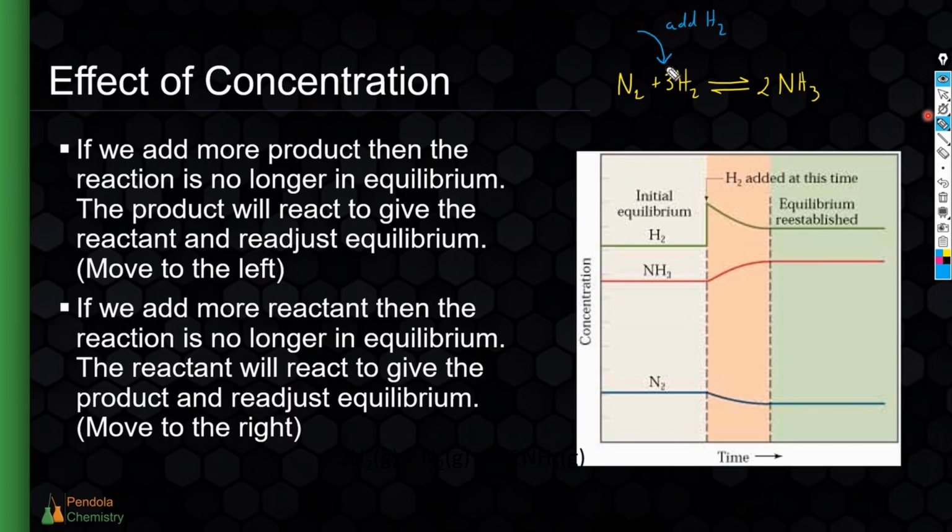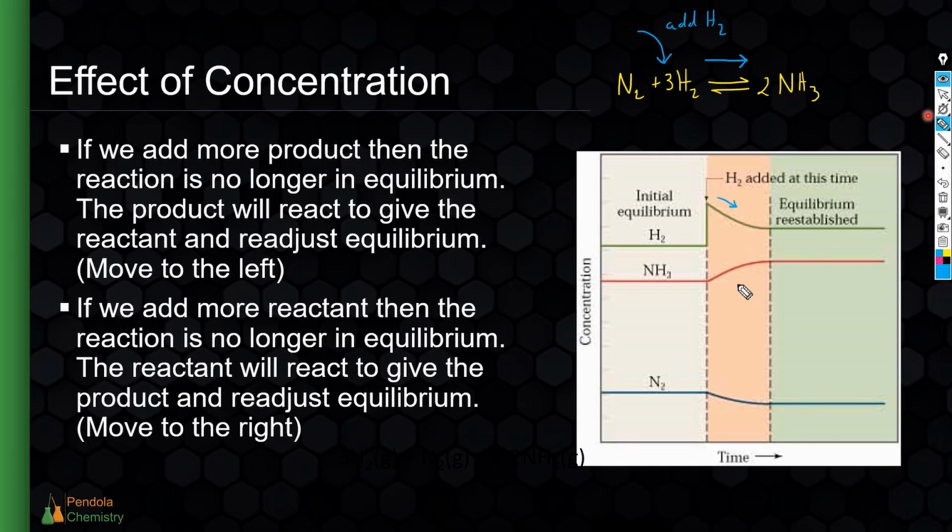So if we're adding hydrogen, we're going to want to use hydrogen, which means the forward reaction will happen, so the equilibrium is going to shift right to use up that hydrogen. And that's exactly what happens. Notice how once we add the hydrogen, the concentration of hydrogen starts going down. Why? Because the forward reaction is happening more quickly than the reverse reaction to use up some of the hydrogen.